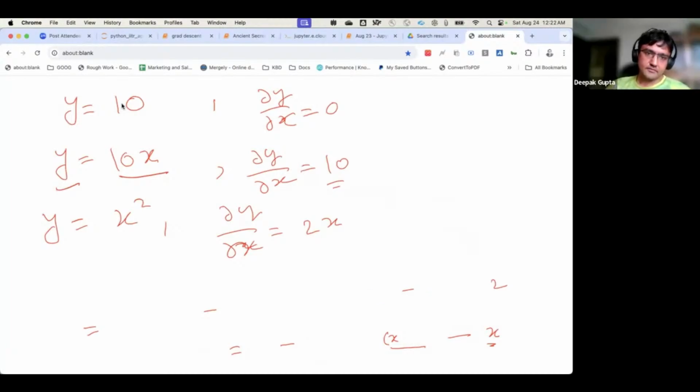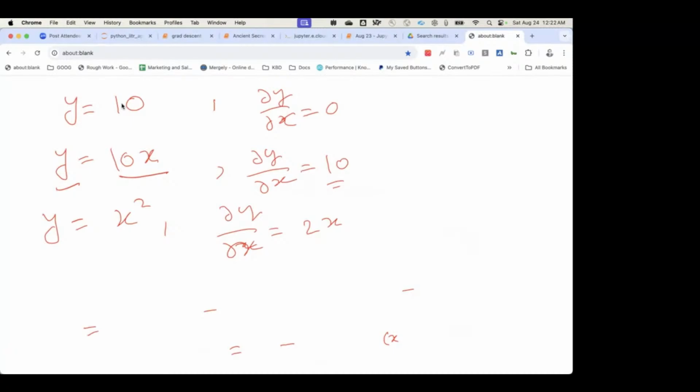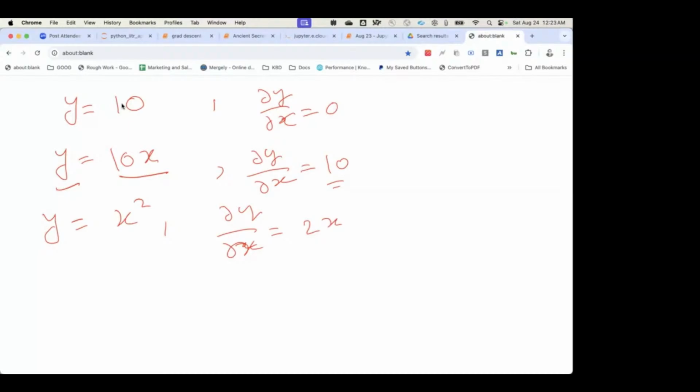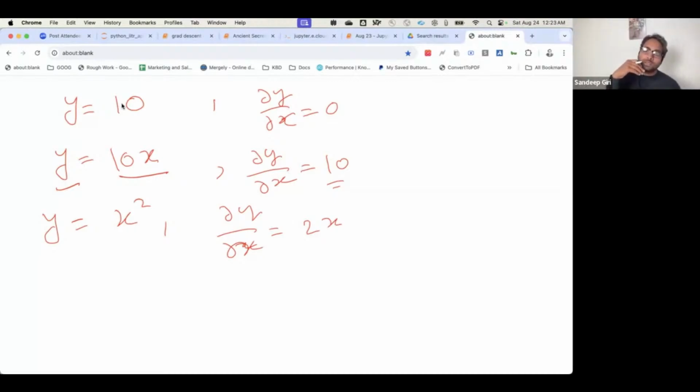Why are we saying delta x is too tiny? The difference can be big or large. No, that's the definition. When we say derivative, it means computing the ratio of change, and the change has to be really tiny. We are saying this change is at the value of x, but it's not at x plus delta x, correct?